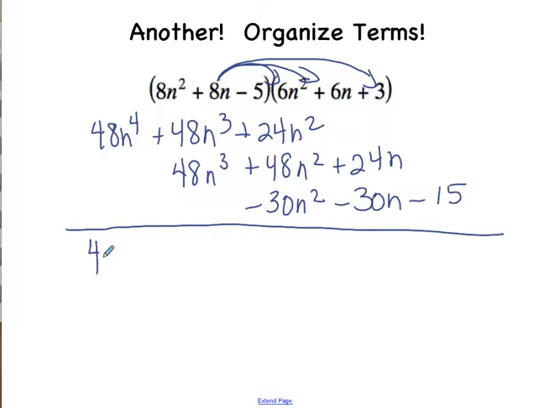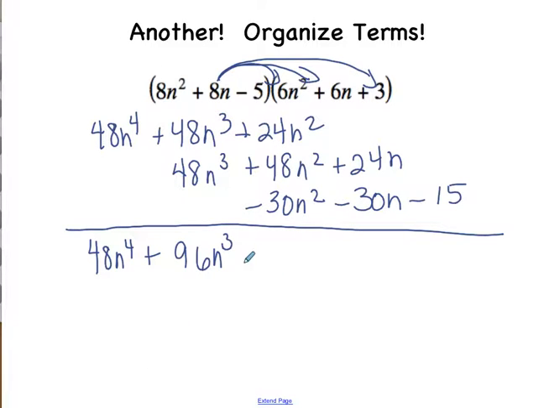So all we have to do is add straight down our like terms. The first term would be 48n to the fourth. I'll add these together. Let's see, that's 96n cubed. Then I have 24 plus 48n squared. So I'm going to just help myself with my calculator. 24 plus 48 minus 30 is 42.